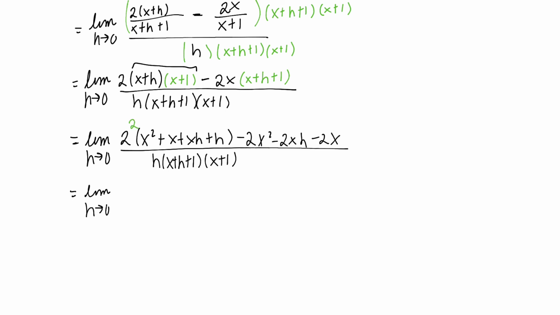And I'm lazy. I'm just going to distribute up here: 2x squared plus 2x plus 2xh plus 2h is what this distributing would have been if you distributed the 2 to everything.